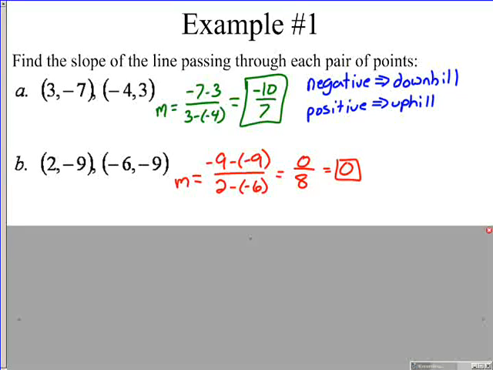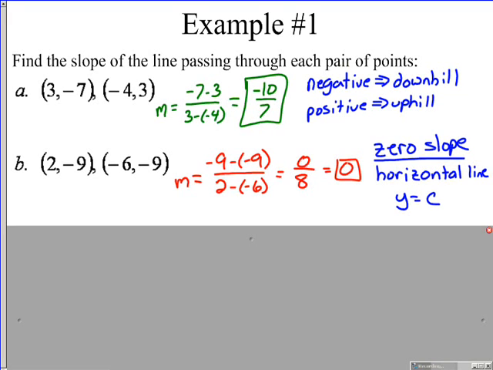When we have 0 slope, remember what that tells us. If a line has 0 slope, we are talking about a horizontal line. And remember, horizontal lines are always in the form of y equals some constant.